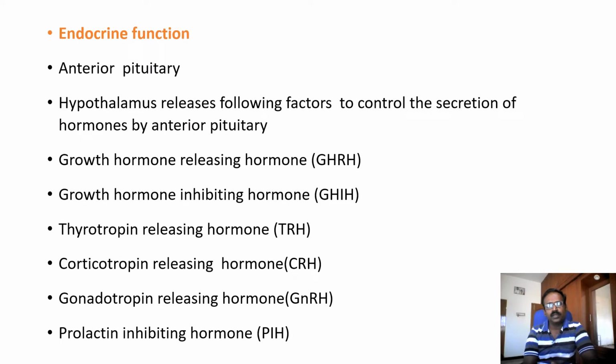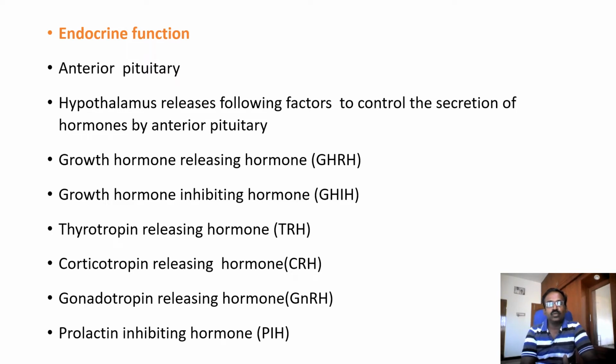Second important function of the hypothalamus is the endocrine function. The hypothalamus is connected with the anterior pituitary through the hypothalamo-hypophyseal vessels. These blood vessels, a type of portal vessels, connect the hypothalamus to the anterior pituitary. The hypothalamus releases hormones or factors that control the release of anterior pituitary hormones.